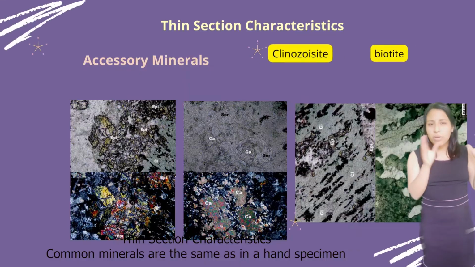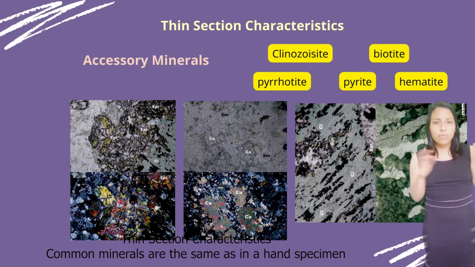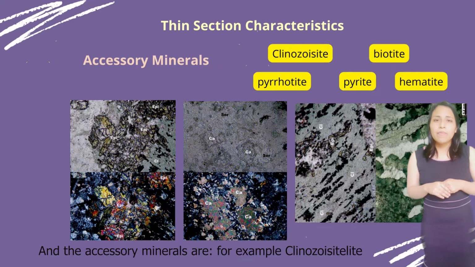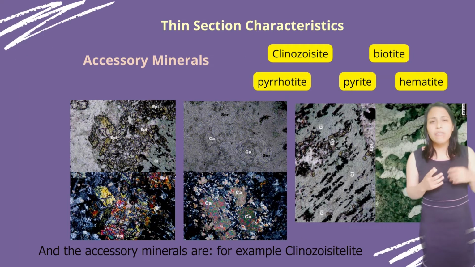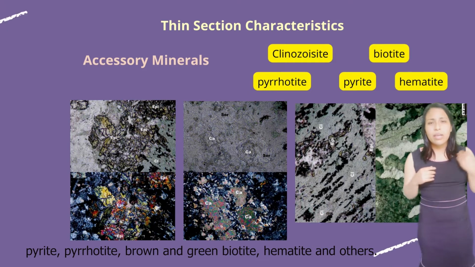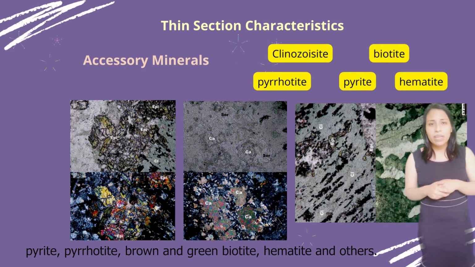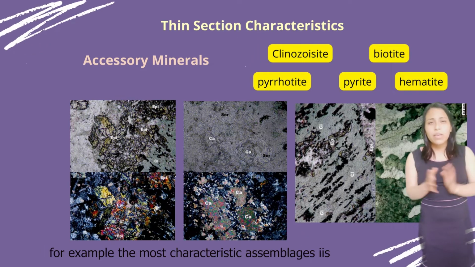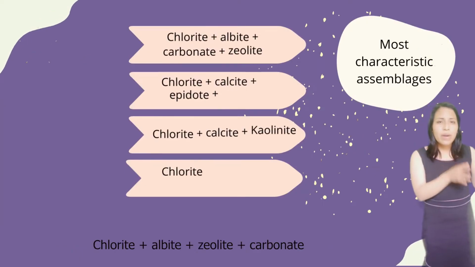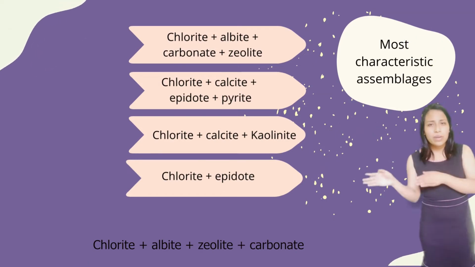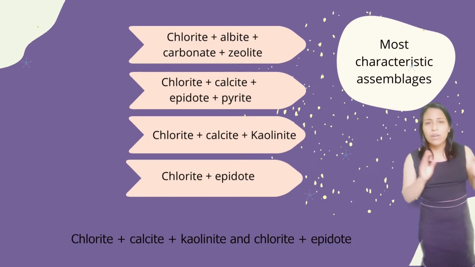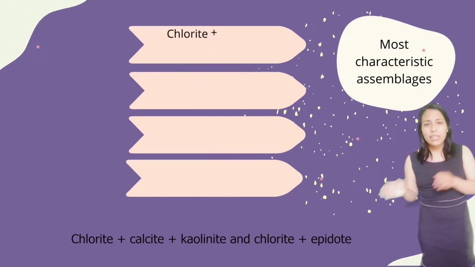In the thin section the minerals are the same, and in the hand specimen the accessory minerals are, for example, clinozoisite, pyrite, pyrrhotite, brown and green biotite, hematite, and others. For example, the most important assemblages are chlorite, albite, zeolite, carbonate; chlorite, pyrite, epidote, calcite; chlorite, calcite, kaolinite; and chlorite, epidote.